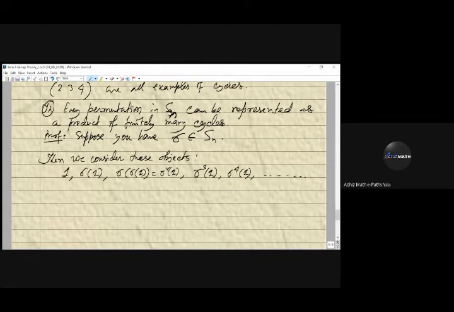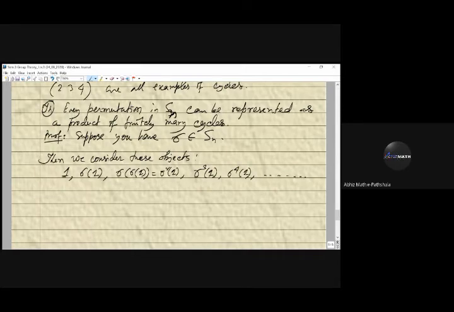Why? Because the set on which Sn has been formed is a finite set, that is 1 to n, and these members are always in 1 to n. So these sigma 1, sigma square 1, sigma cube 1, and so on, are all between 1 and n.